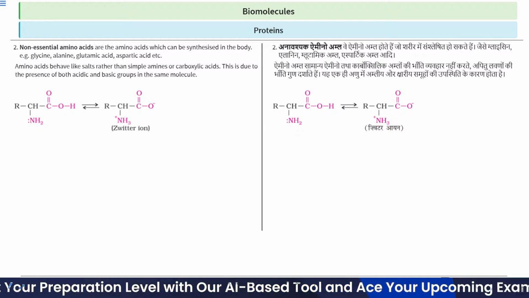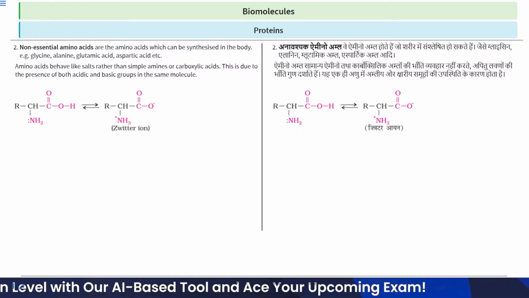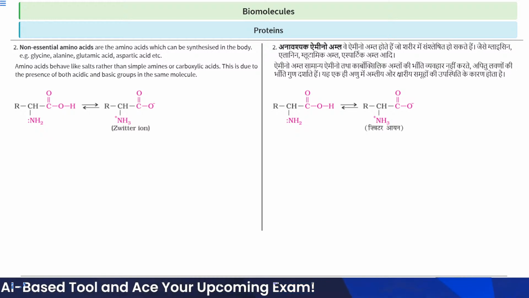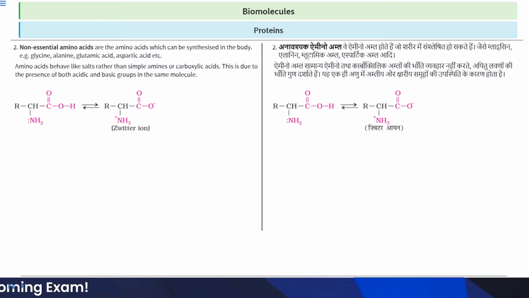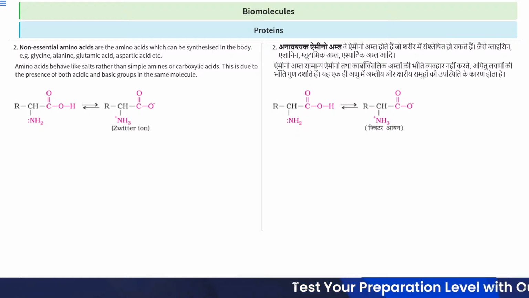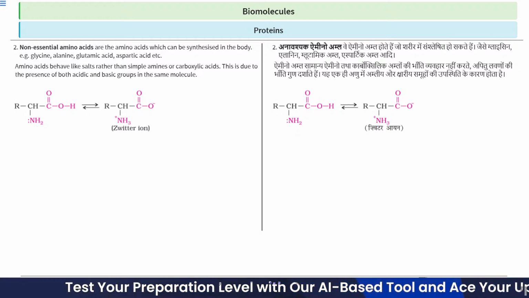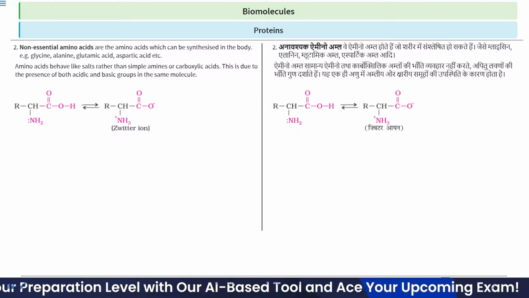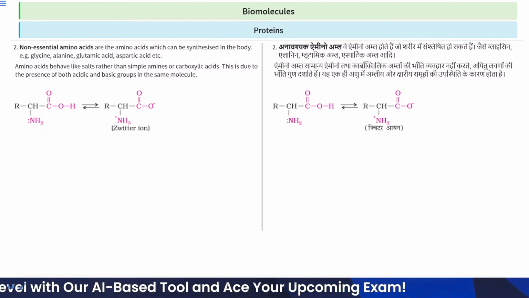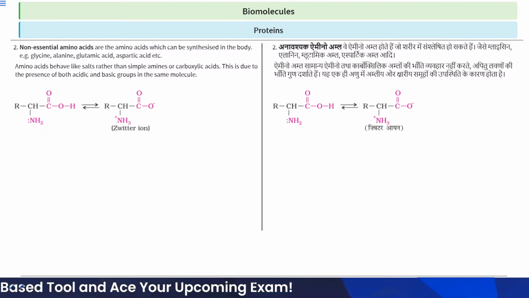This is the general structure of an amino acid: R CH NH2 COOH. You can see that we have our acid group and our amino group present in the same molecule, and this is an amino acid. It can be interconverted to RCH(NH3+)COO-.